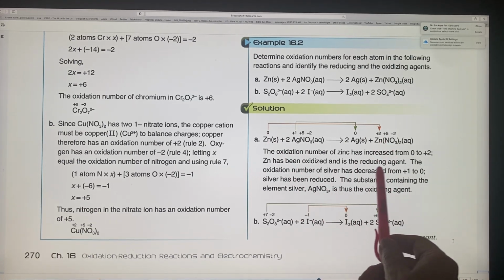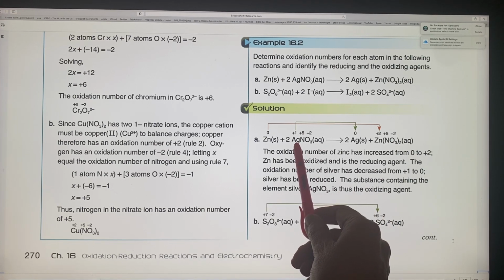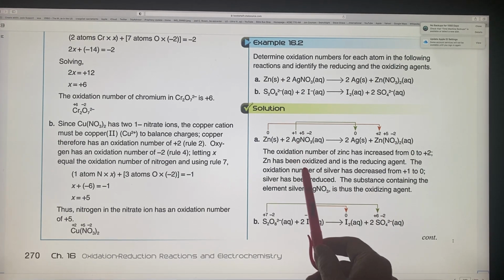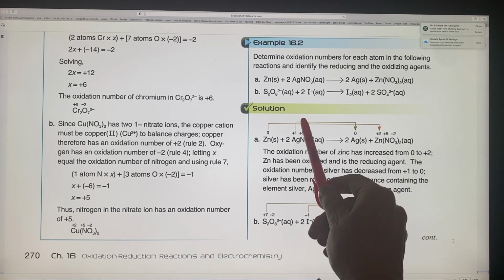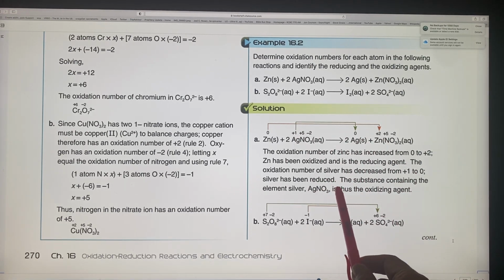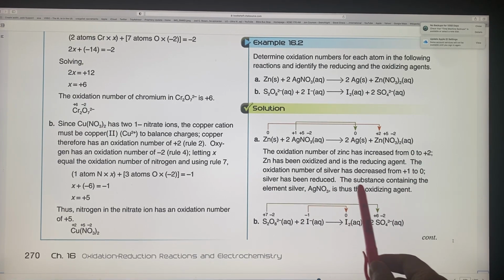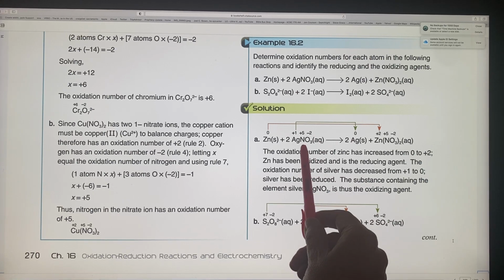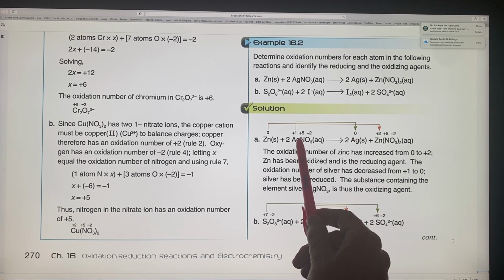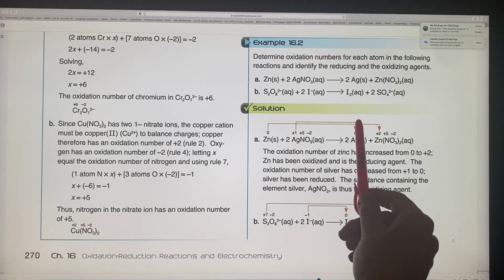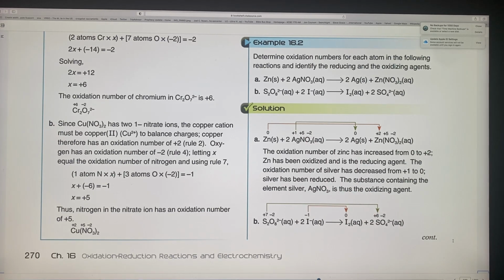And you'll see the oxidation number of silver here being +1 has decreased to silver over here being 0, and so that has been reduced. So the substance containing the element silver nitrate is the oxidation agent. Let's follow that green, going from +1 to 0.